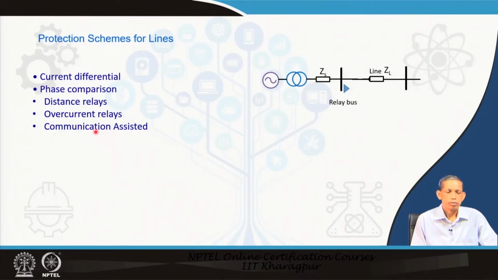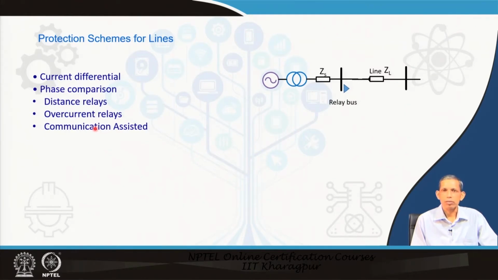some relays or principles, schemes, use communication system. When it happens to be a communication system, there is an associated cost. The longer a line, the longer the communication protection channel, and the associated cost will be more. So, therefore, you can say that we see all the varieties of relays in different transmission line protection.